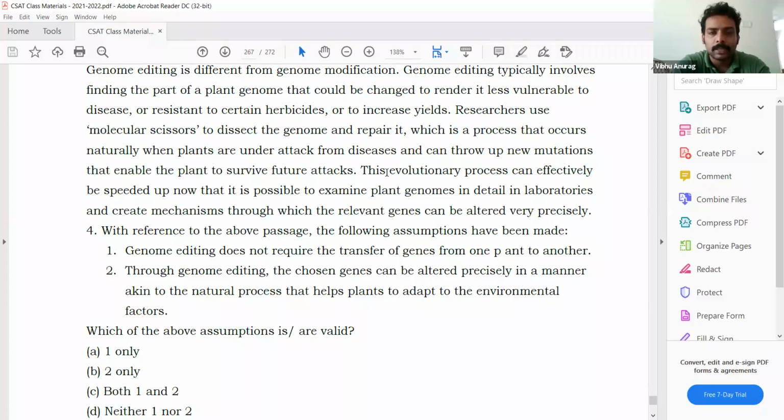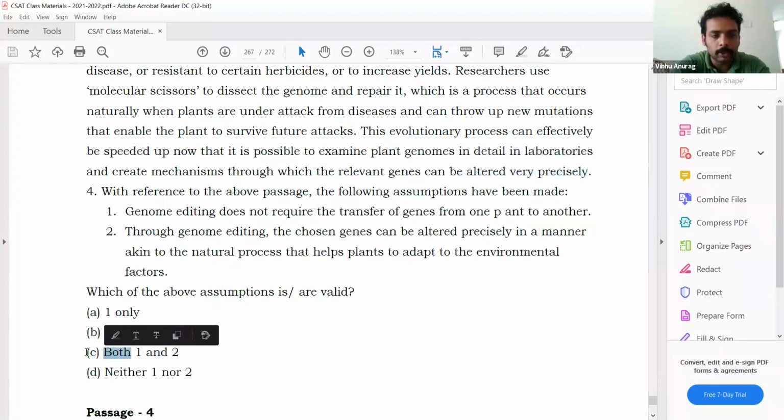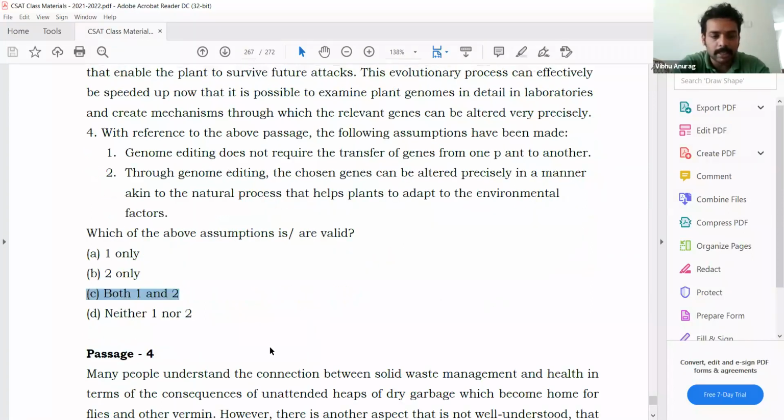Yes, he's saying that this evolutionary process can be speeded up now and it can be done very precisely. So C is the answer, both 1 and 2. Fourth answer is C, both 1 and 2. Did you select the same? Got both 1 and 2?